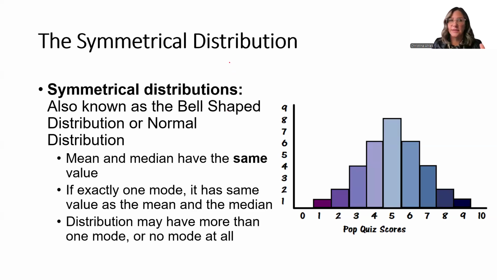If we're looking at a histogram, it's also known as a bell-shaped or normal distribution. In this case, the mean, median, and mode would all be right down the middle and would be the same, 5, 5, and 5, because it's an exact mirror image on both sides. A symmetrical distribution has tails on both ends. We have a tail pointing this way, but we also have a tail pointing this way, and those tails are pretty equivalent in size.